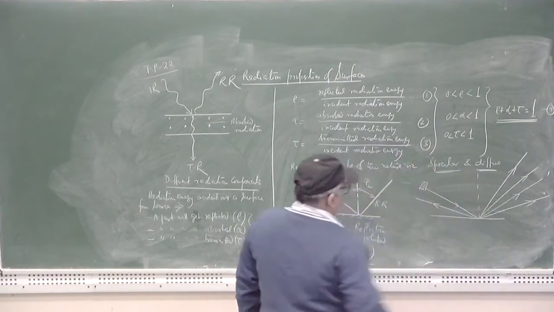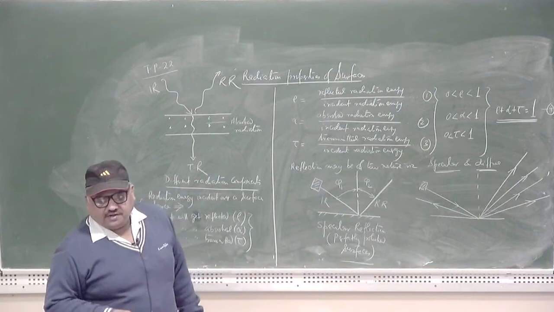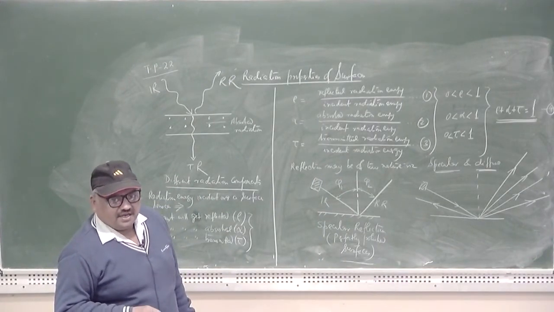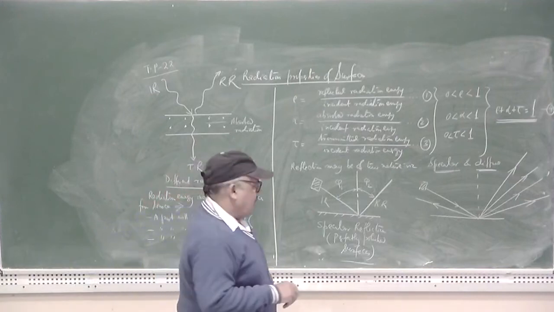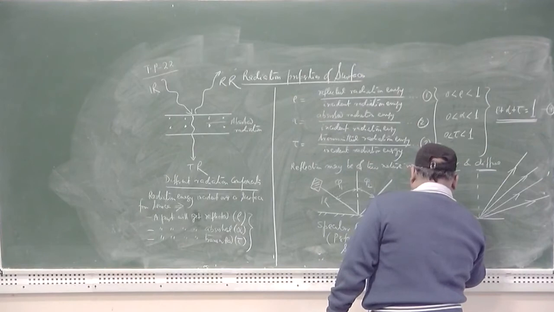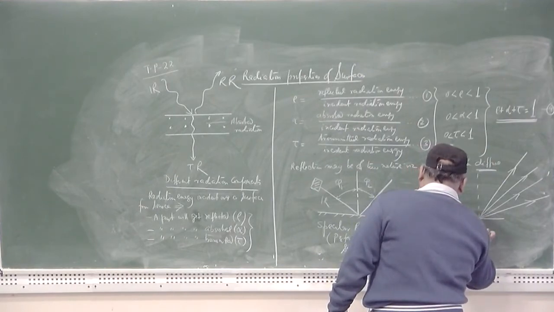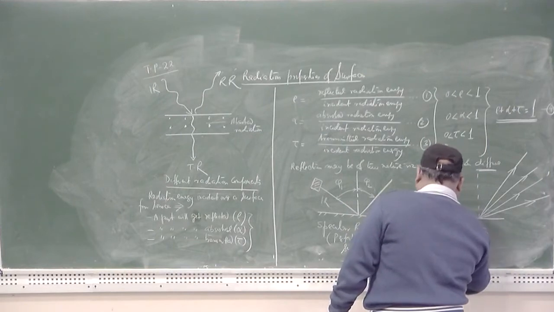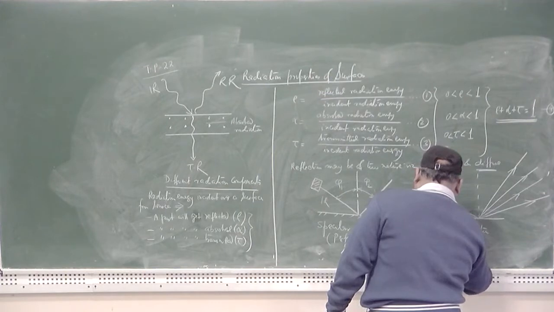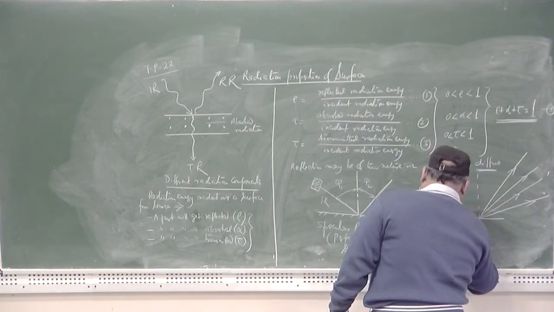Such type of reflection of radiation energy is called diffuse reflection. This is possible in the case of rough surfaces.